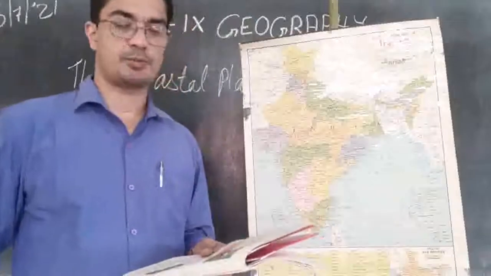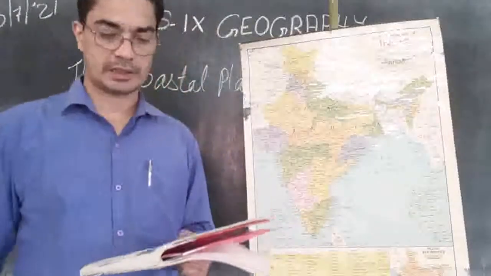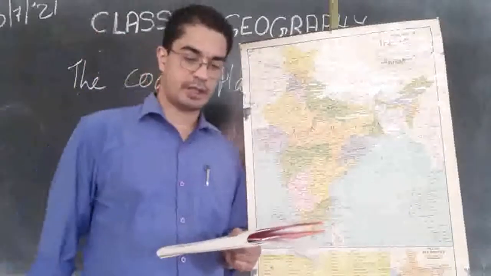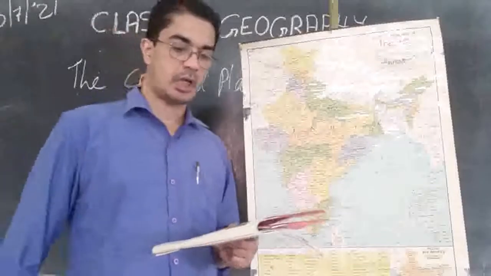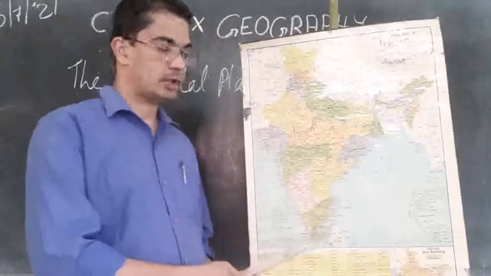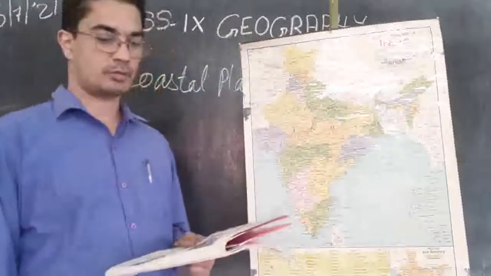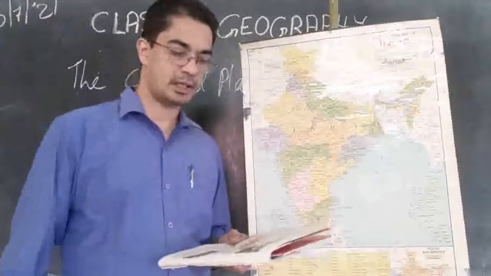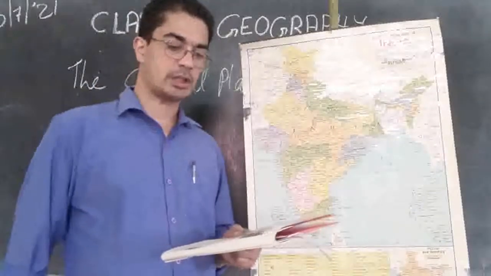Large rivers such as the Mahanadi, the Godavari, the Krishna and the Kaveri have formed extensive deltas on this coast. So on this eastern coastal land there are many rivers, some of the very big ones like Mahanadi, Godavari, Krishna, Kaveri.